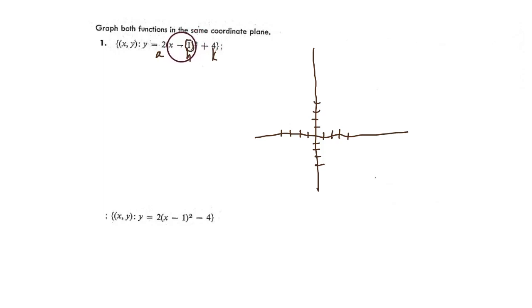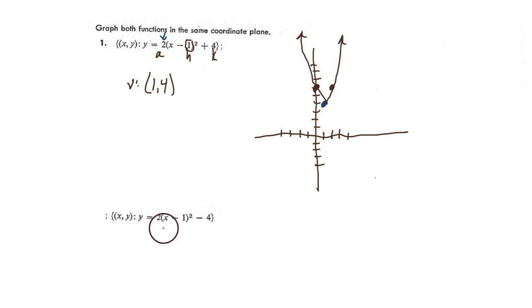H is the number after the minus sign. So for your vertex, it's H comma K, 1 comma 4. Then look at the value of A to get more marks. You can see already I'm going to need some more marks going up on this. When A is 2, you go over 1, up 2. And draw in a U shape.